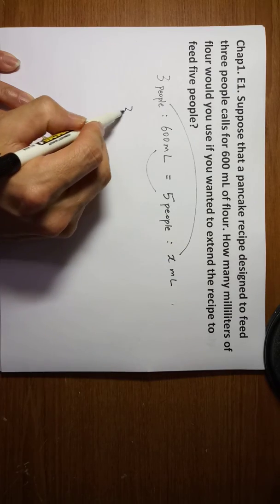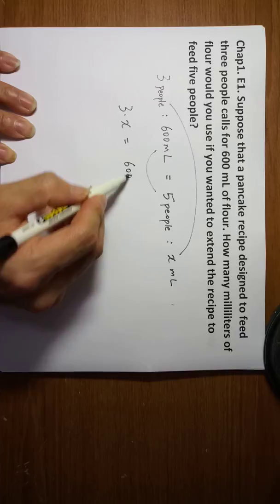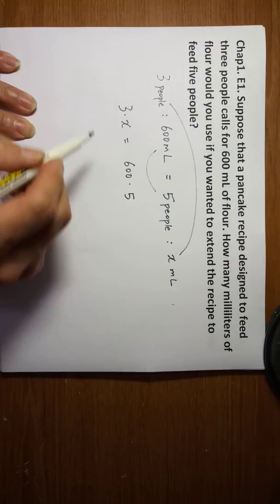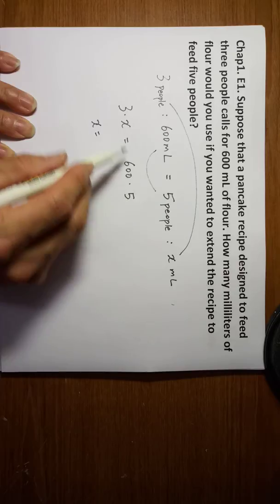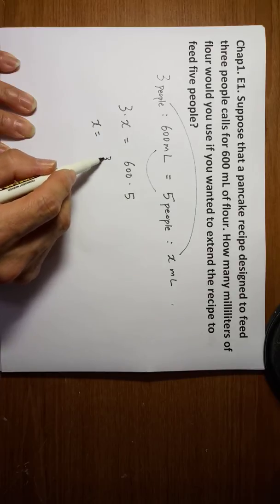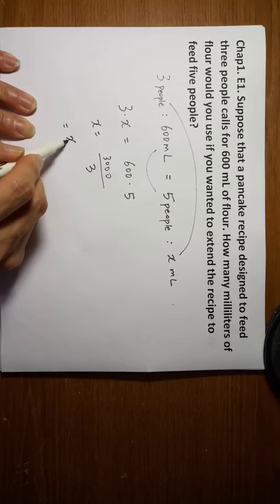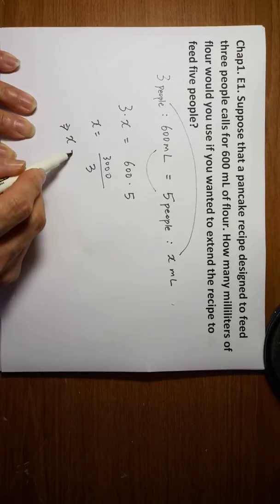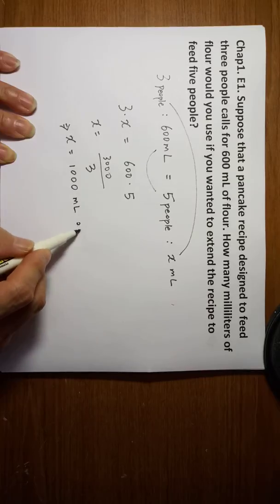Then 3 times x equal 600 times 5. Then x supposed to be 3000 divided by 3, and x supposed to be 1000 milliliter of flour needed.